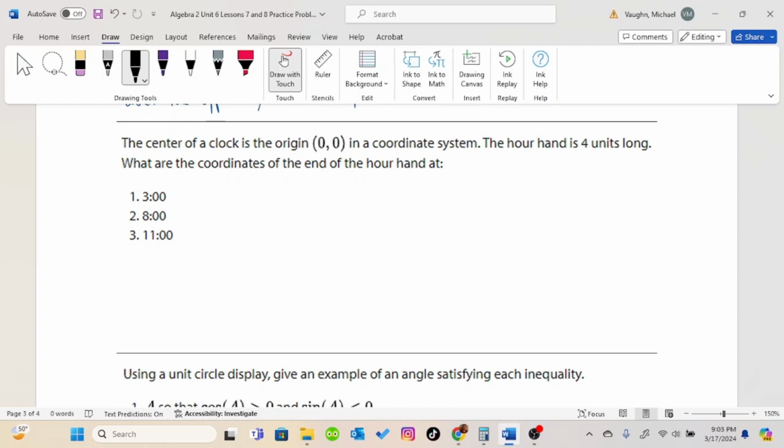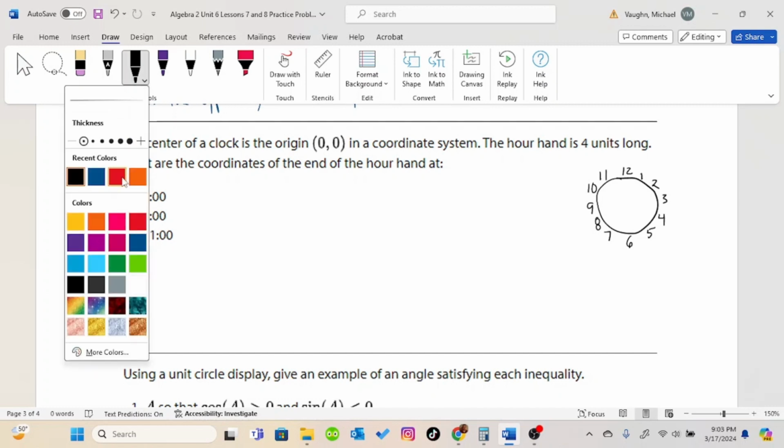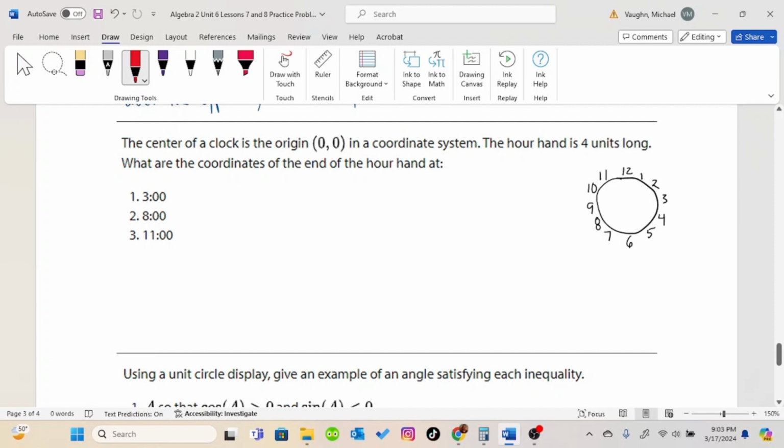So, if we draw our clock so that we have a reference, we need to keep in mind that the hour hand is 4 units long. So we will approach it like a unit circle, but multiply by 4.